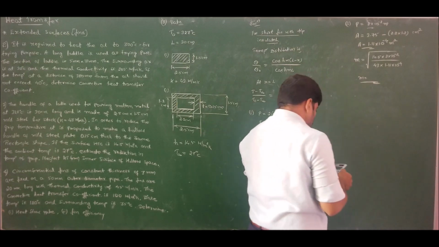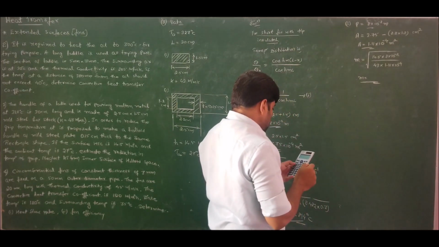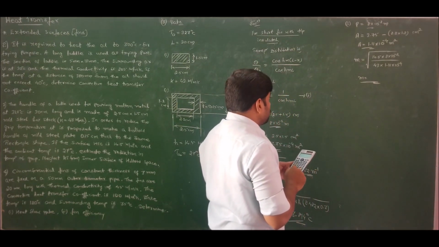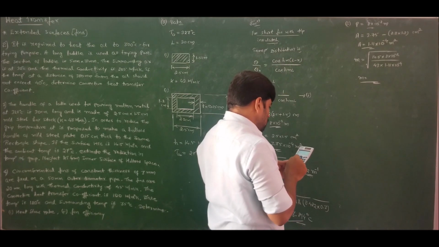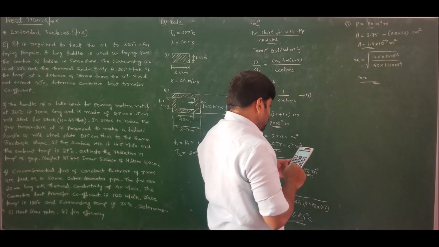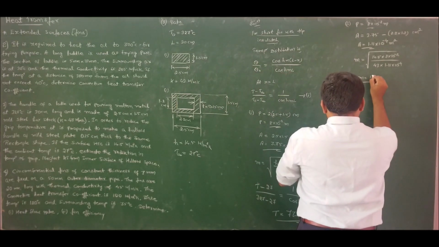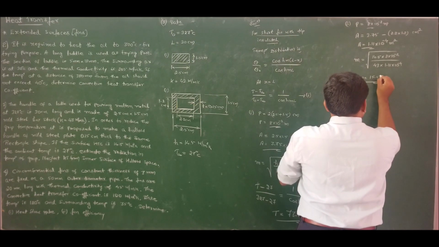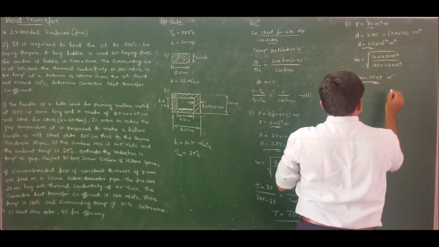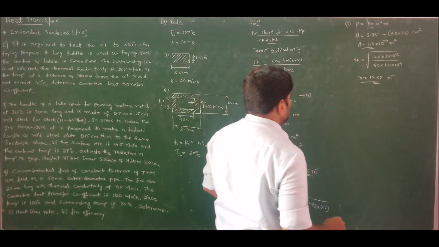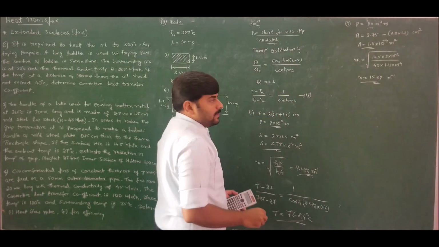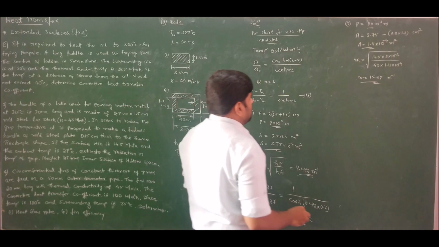So the parameter m for this case will be 14.5 into 8 exponential minus 2 divided by 43 into 1.11 exponential minus 4, which turns out to be 15.59 meter inverse.